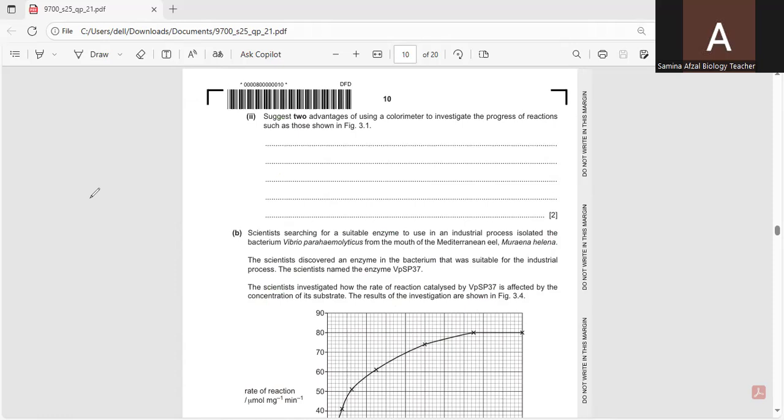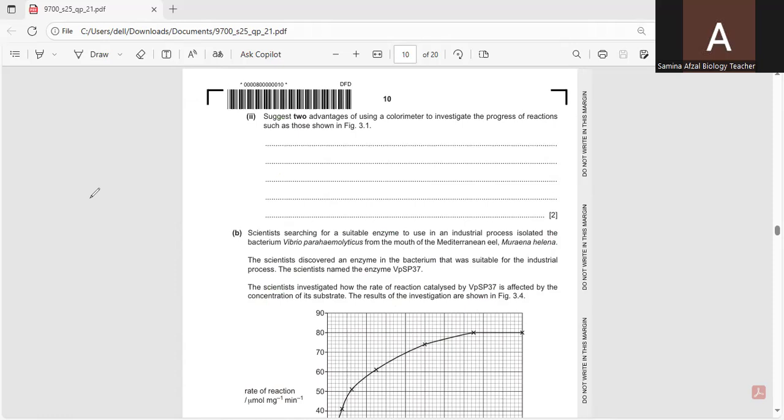So in this way, it provides a quantitative and accurate measurement of how much reactant is being consumed or how much product is being formed. This allows for precise determination of reaction rates and the point of completion, equilibrium, even for reactions that produce only small amounts of colored species or where concentration changes are subtle.